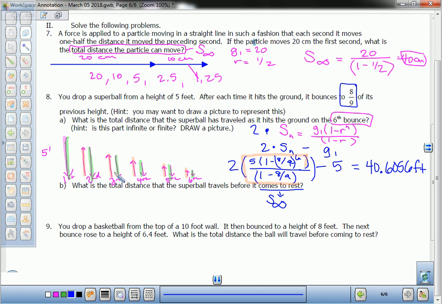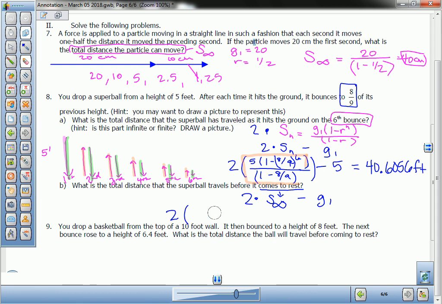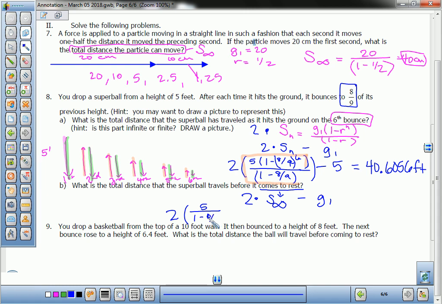But the same problem happens. We have the up and the down. So we have to double it, and then we have to take out the first drop that we doubled and shouldn't have. Okay? So we do 2 times g sub 1, which was 5, over 1 minus 8/9, minus 5.